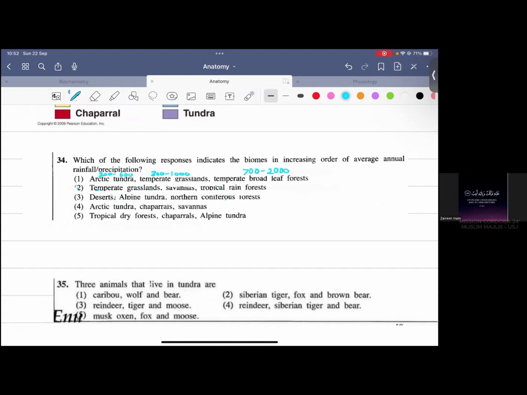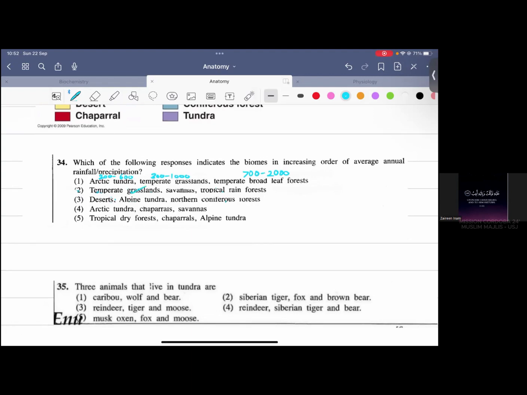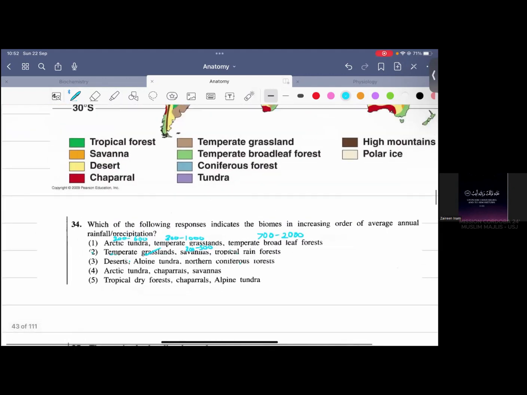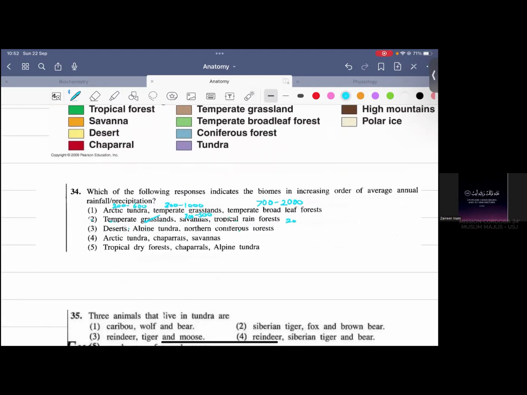But just let's see. The temperate grassland we already saw. What is savanna? Savanna is 300 to 500. Tropical rainforest, that is the highest, I think. 2,000 to 4,000. Deserts, just like savanna, right?